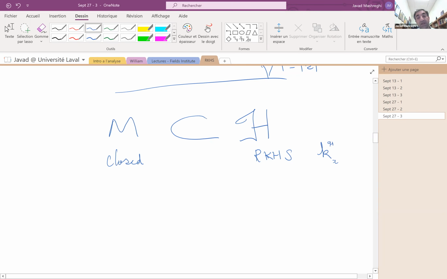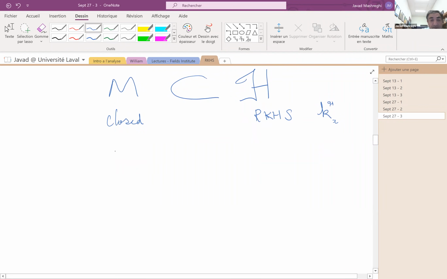If M is closed in H, then M by itself becomes an RKHS, and therefore it has a kernel for itself, K_M.